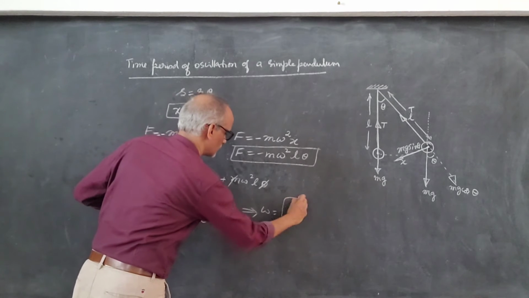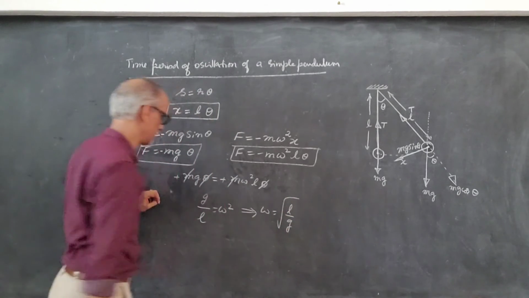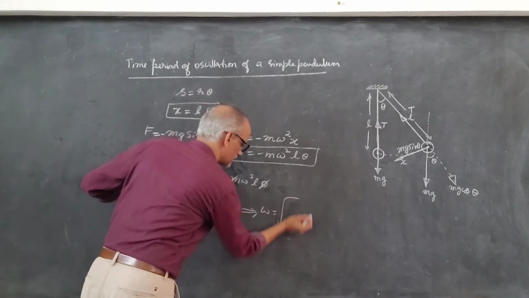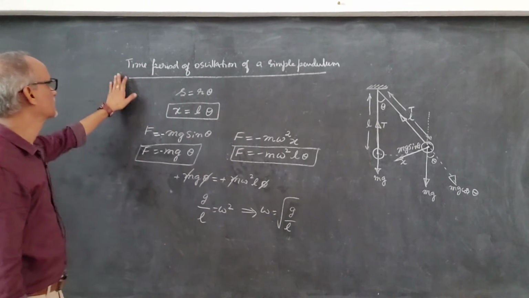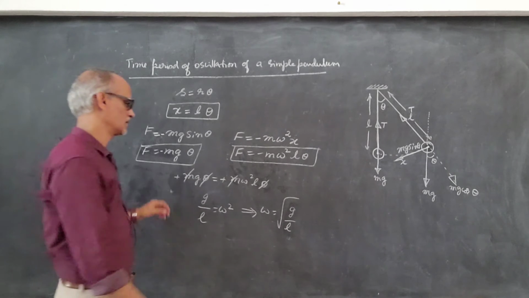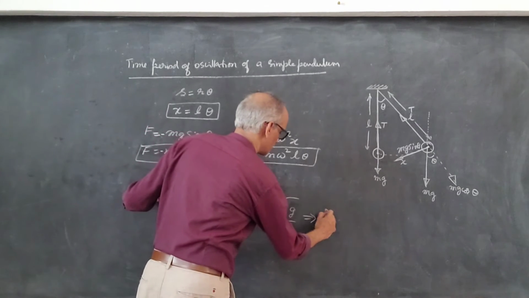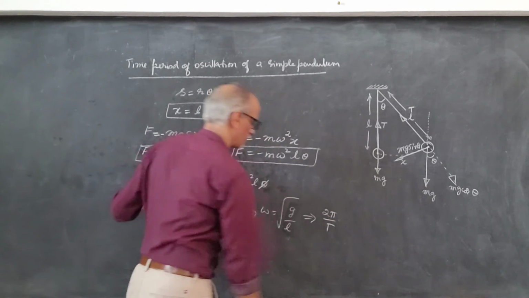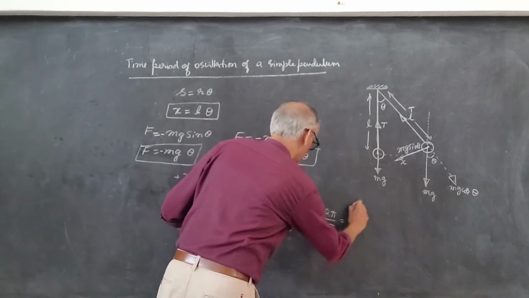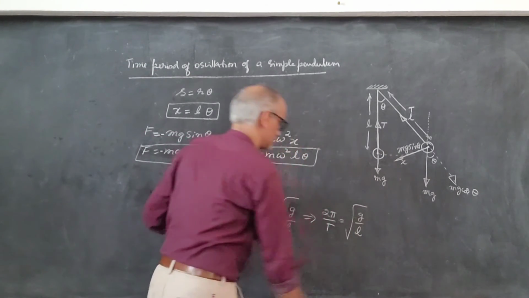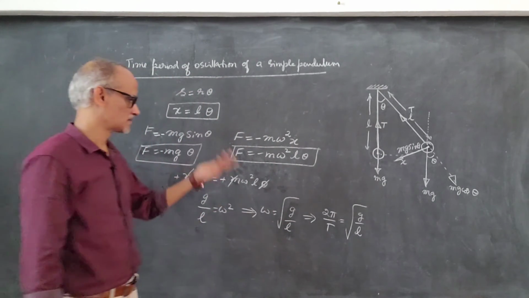Omega is equal to root of g by L. But we wanted an expression for time period, correct? Omega is nothing but 2 pi by T. Omega is 2 pi by T, that's equal to root of g by L. So take the reciprocal of that.